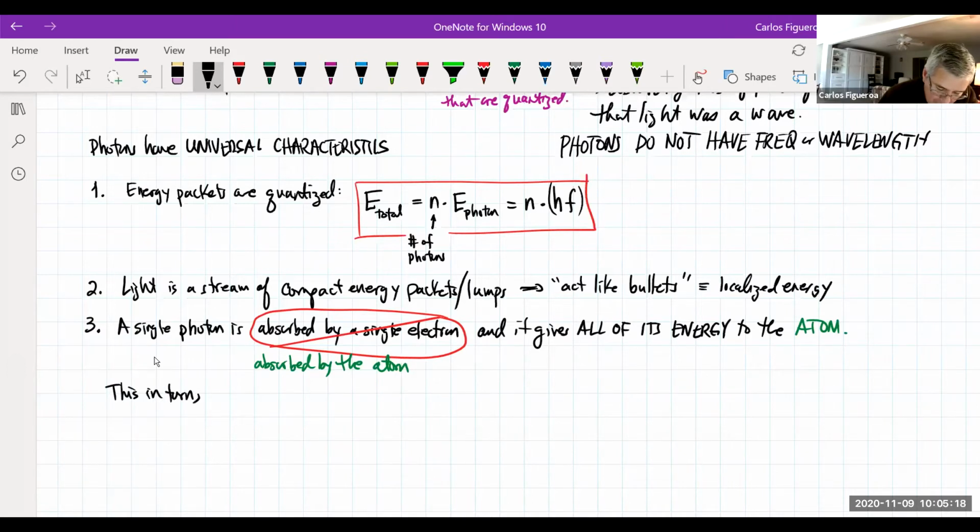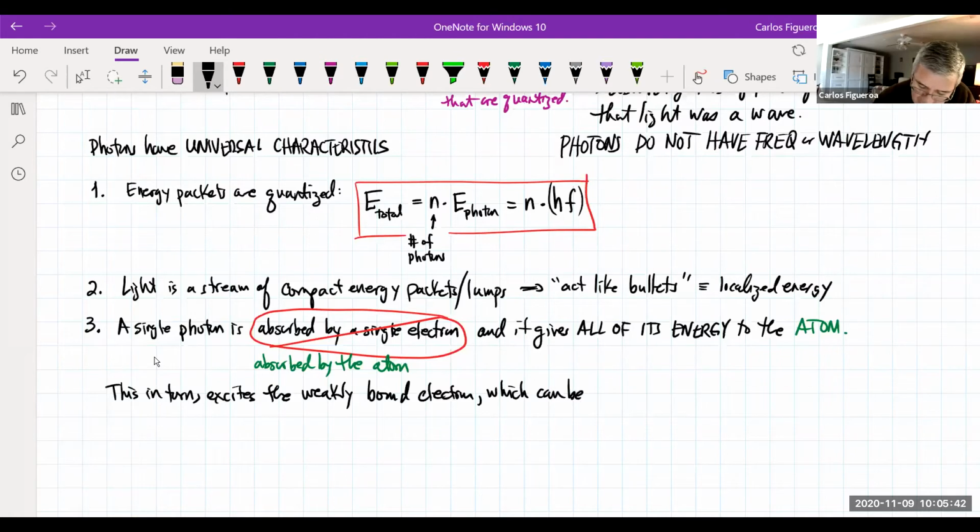This in turn excites the weakly bound electron, which can be ejected from the atom.